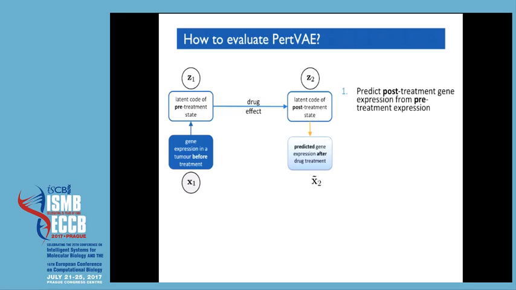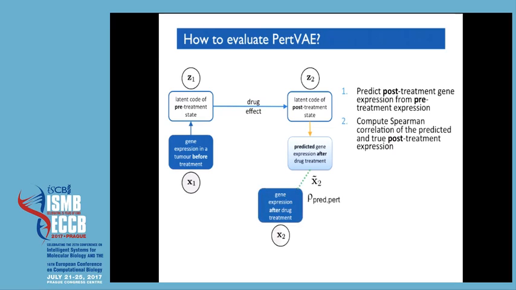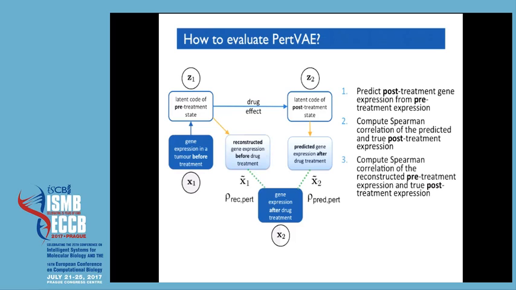That gives you this X2 tilde, and you can then compute the correlation between this predicted gene expression and the actually observed gene expression in your test set that you haven't seen before. And if I tell you that this is, I don't know, 0.6, is that good enough? Who knows?